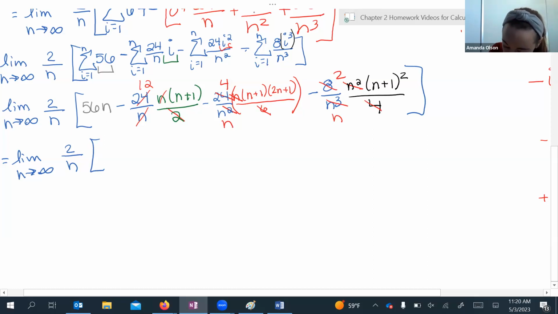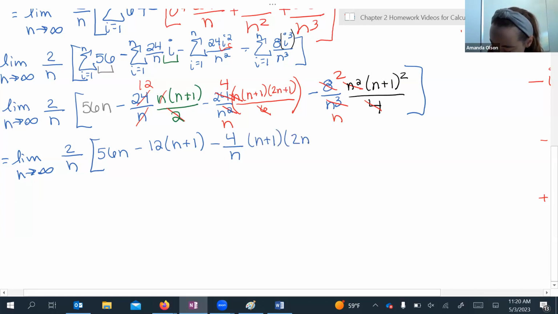Okay, so after simplifying, we have this 56n minus 12 n plus 1 minus 4 over n plus 1, 2n plus 1 minus 2 over n plus 1 quantity squared.